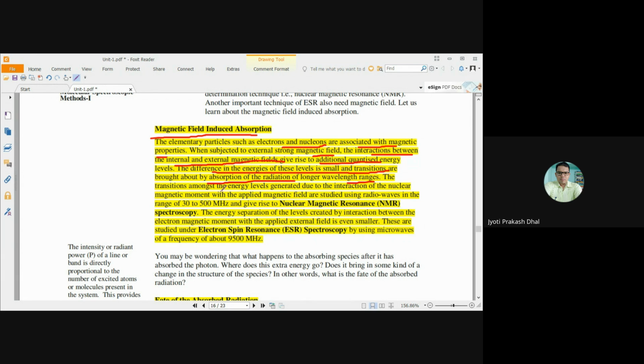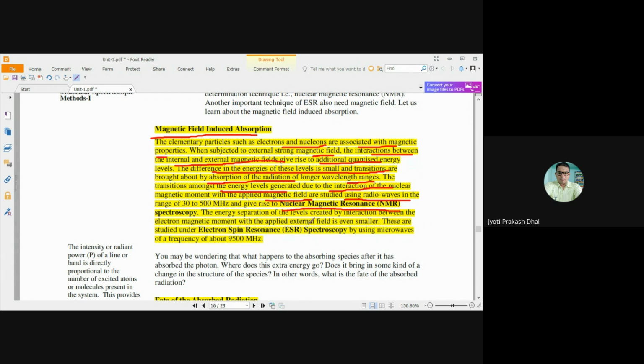The transitions among the energy levels generated due to interaction of nuclear magnetic moment with applied magnetic field are studied using radio waves in the range around 30 to 500 megahertz, and that gives rise to nuclear magnetic resonance or NMR spectroscopy.